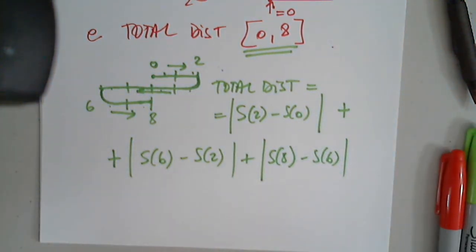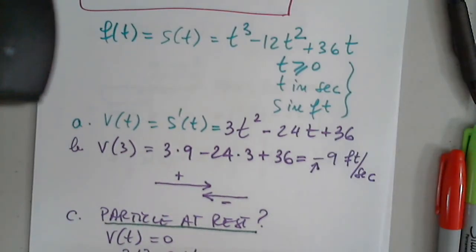So now I'm going to share my screen. We're going to enter this function in the calculator. The function S of t, 3 pages earlier. So we have x to the third minus 12x squared, and then plus 36x. And go second, table.